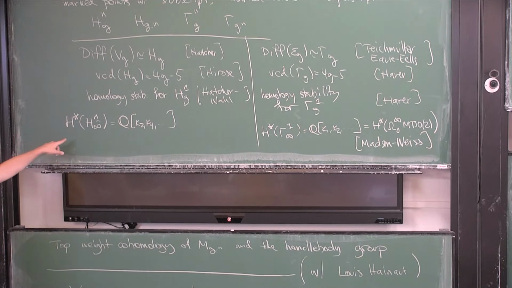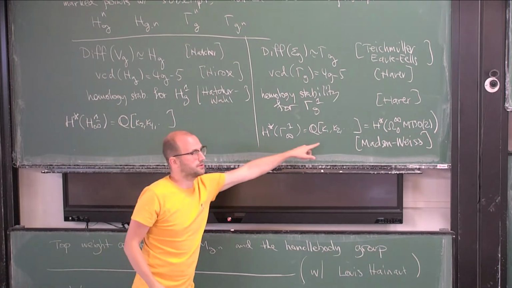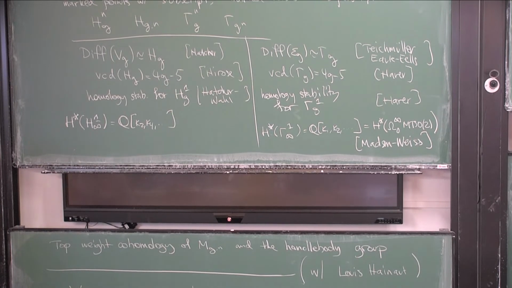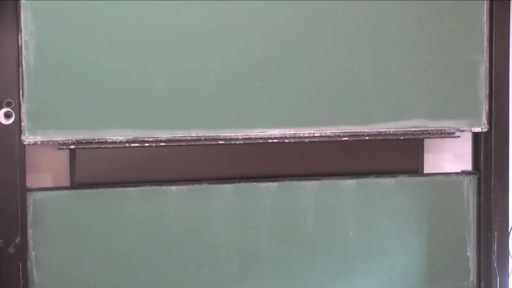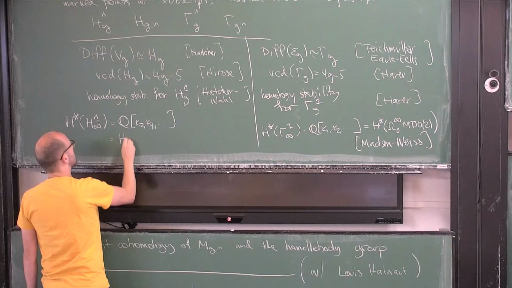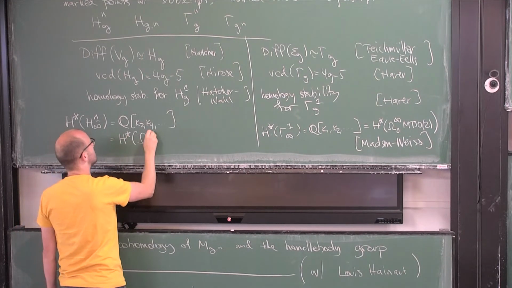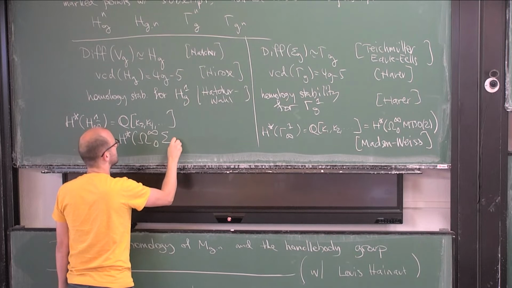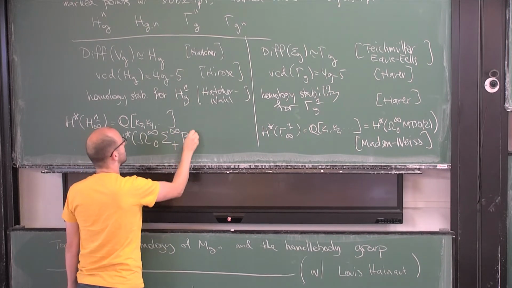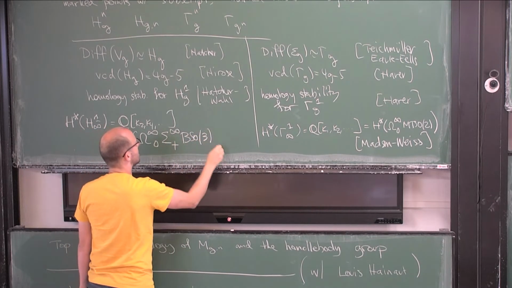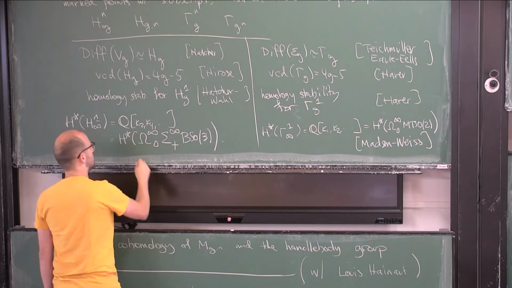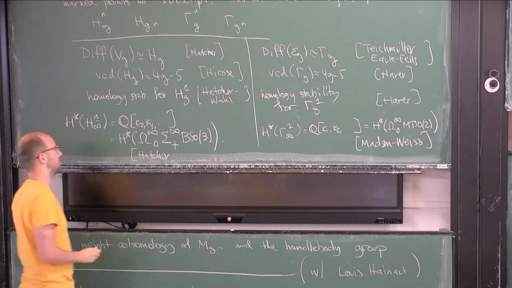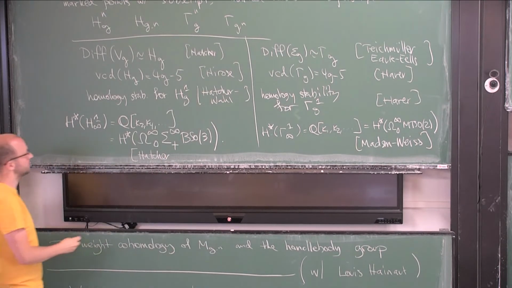So the inclusion of the handlebody group into the mapping class group gives you a map on stable cohomology, and that map kills the odd kappas and preserves the even kappas. This is also the cohomology of an infinite loop space. And this is due to Hatcher, who announced it and never published a proof.